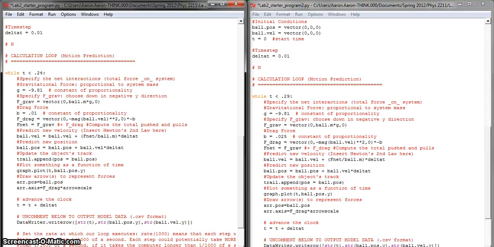The net force divided by the mass would give you the acceleration. You know this from the equation F equals ma, and acceleration times the change in time would give you the ball's velocity. So here are the individual models.